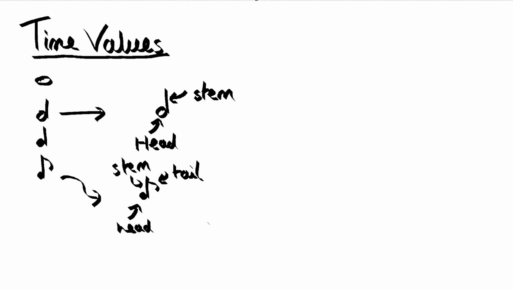These stems and tails may appear upside down as the note is written higher in the staff. You could see it like this, or this other one like so. And these have exactly the same meaning. We don't need to worry about that right now, but if you were wondering because you've seen it in your music this way up, that's what's going on.